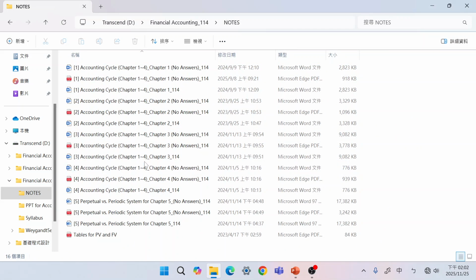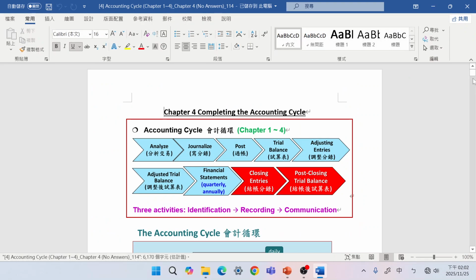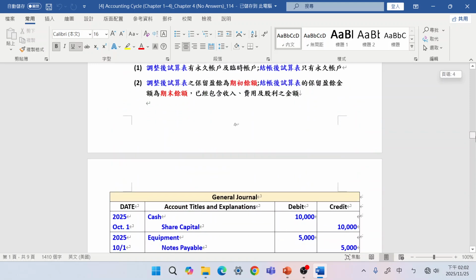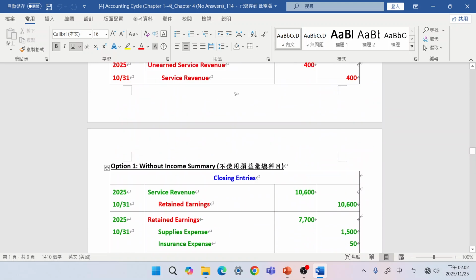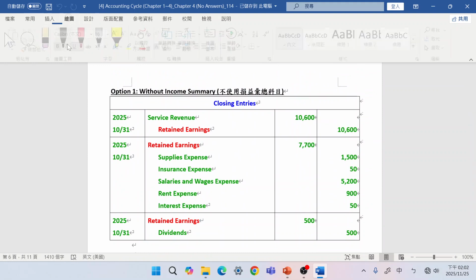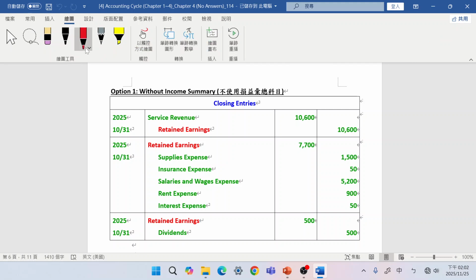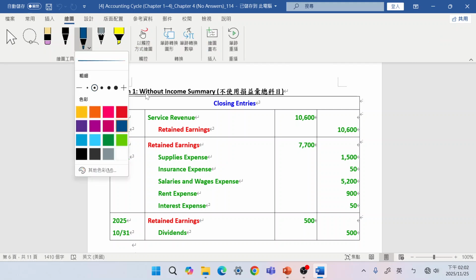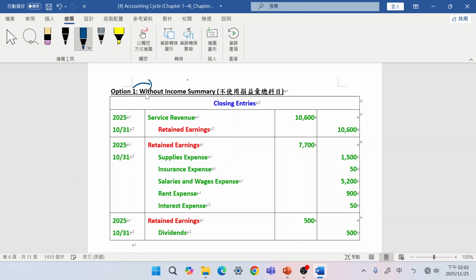So here on your chapter 4, page 6. So here are our closing entries, 结账分录. So page 6, here is our closing entry, 结账分录.